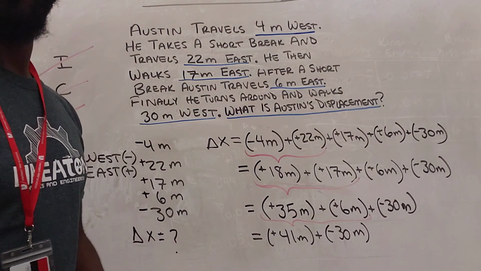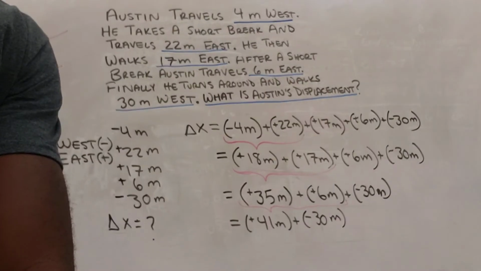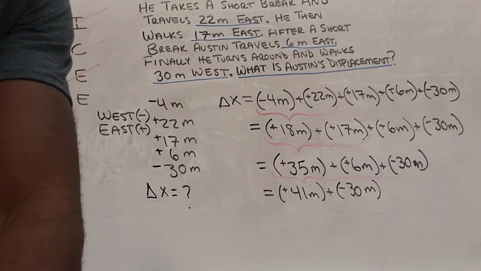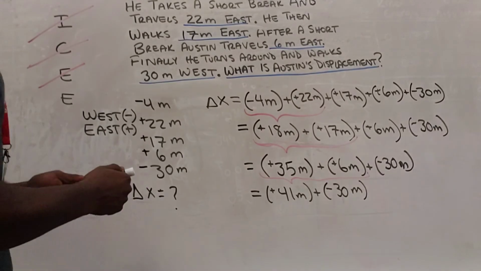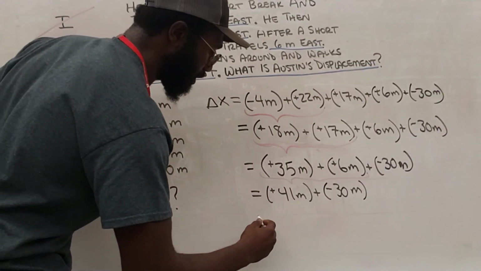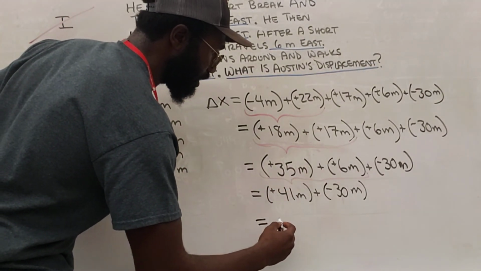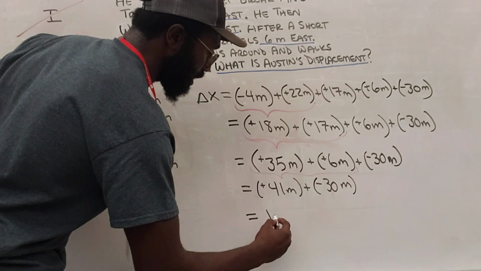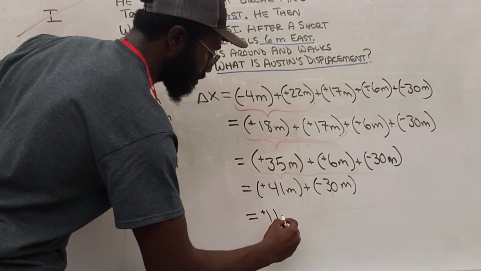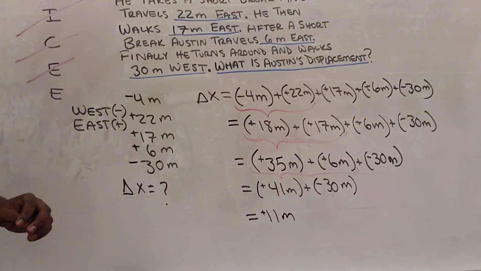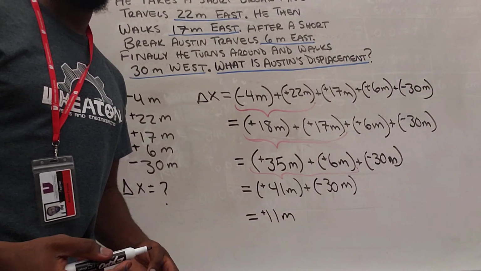And now I'm down to my final two displacements, which I have to combine. All right, and that is positive 41 meters plus a negative 30 meters, and that is going to equal a positive 11 meters, okay? So now I have two things that I can write as my final answer.